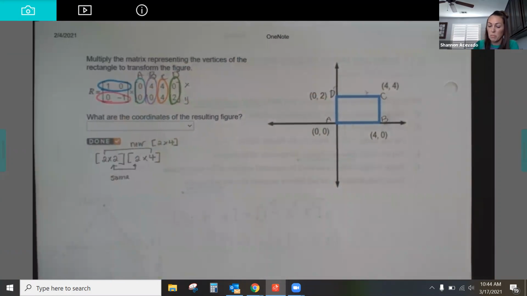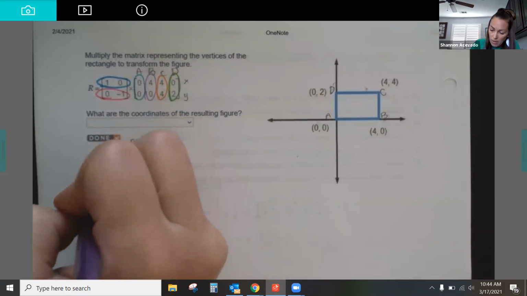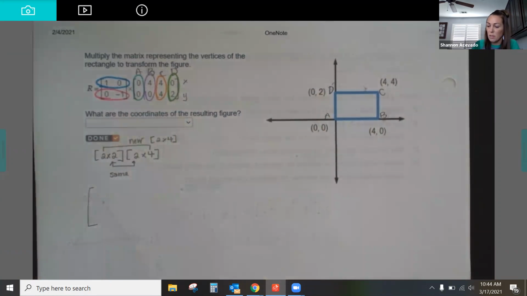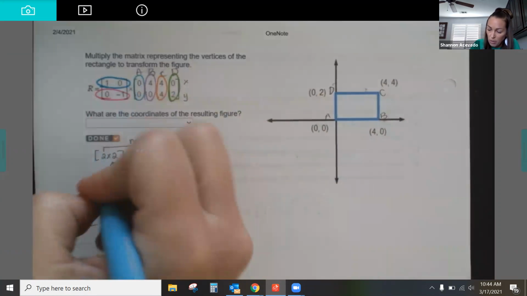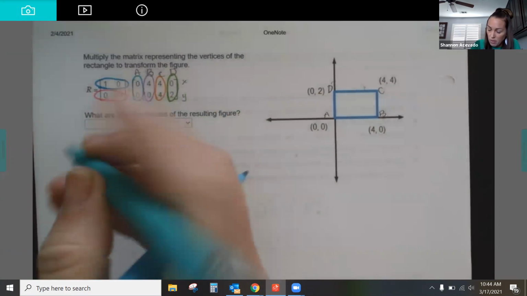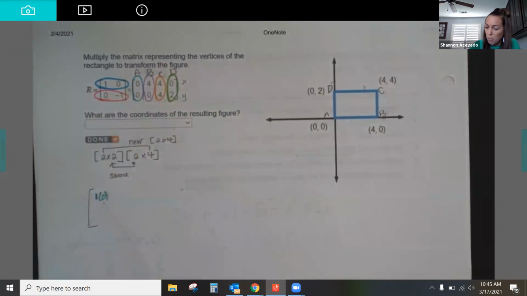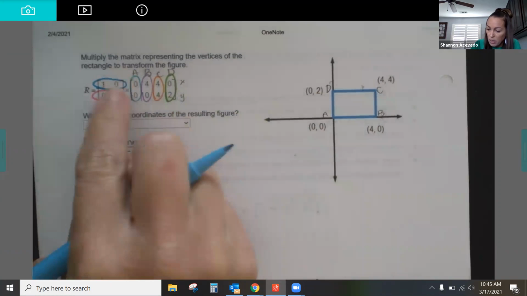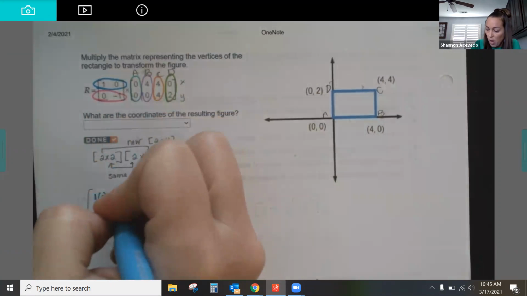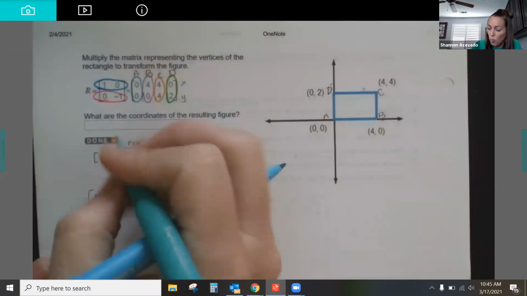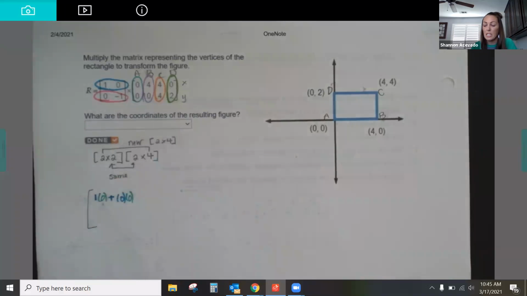So let's go ahead and multiply these. I'm going to take my row 1, column 1 values. So this is going to be 1 times 0 plus my 0 times 0. It's not necessary to write those if you wanted to skip it, but I want to show you how the multiplication works, so I'm going to write everything down for now.